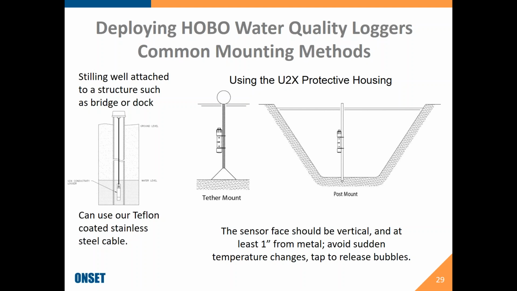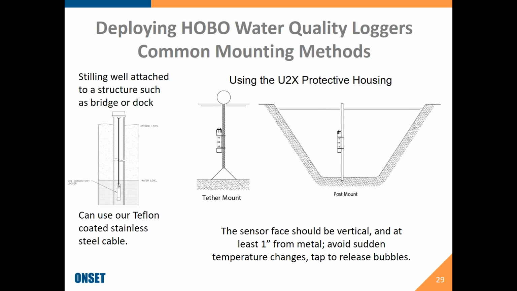There are some things you want to take into consideration when mounting these. It's always good to choose a location with good water mixing, such as in a riffle, to avoid stagnant water. If you're trying to measure stagnant water, by all means, feel free to do that. You also want to be sure that the sensor will remain completely submerged.